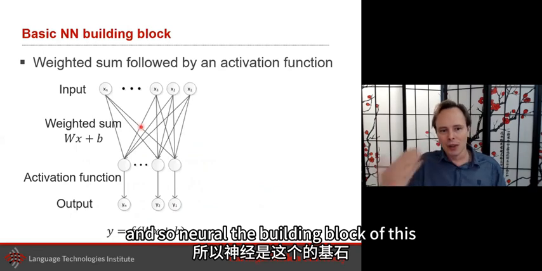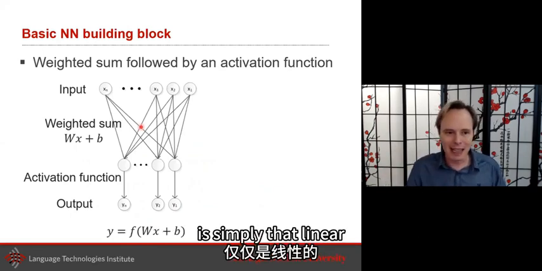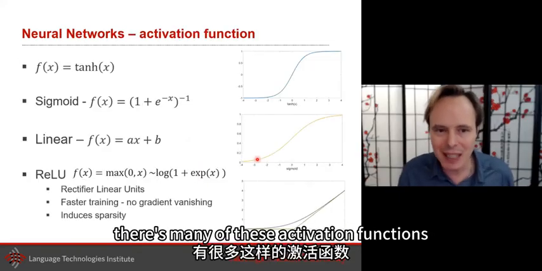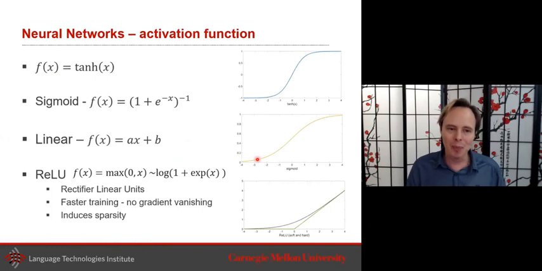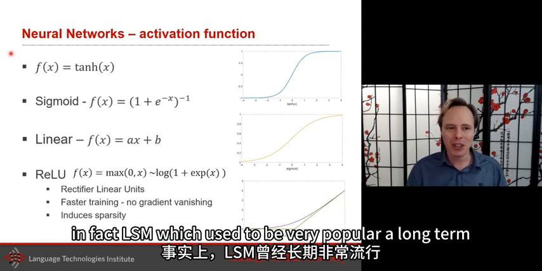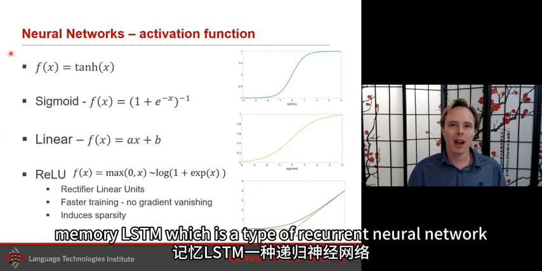And so the building block of this is simply that linear classifier plus this activation function. And as you know, there are many of these activation functions. Back in the days, we were focusing primarily on these two, tanh and sigmoid. In fact, LSTM, long short-term memory, which used to be very popular, is a type of recurrent neural network.